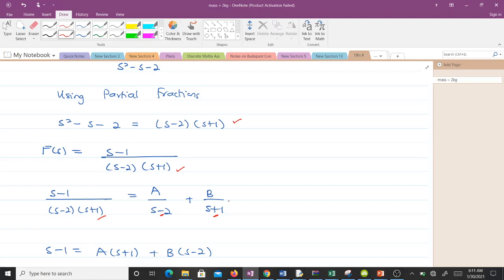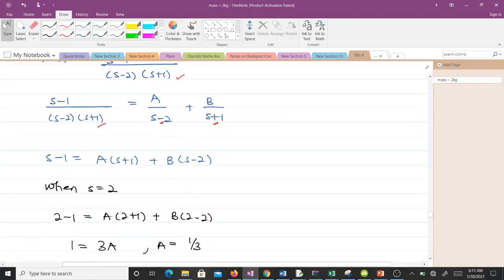So here we have to find a and b. So they have a common denominator, which is s minus 2 times s plus 1. So that means we have s minus 1 will be equal to a times s plus 1, right? Then b times s minus 2.